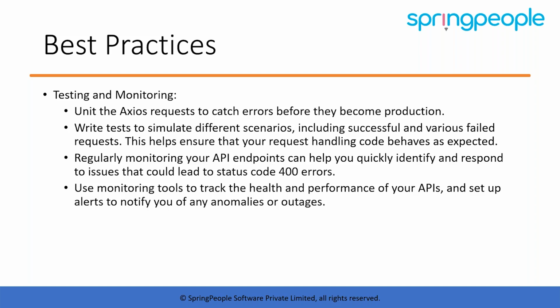Make sure that you use appropriate tools to monitor all your various API endpoints so that you can identify and rectify the reasons that lead to these status code 400 or whatever other errors could occur. Make sure that your request handling code behaves as it is supposed to and does not deviate from the path it is supposed to take.